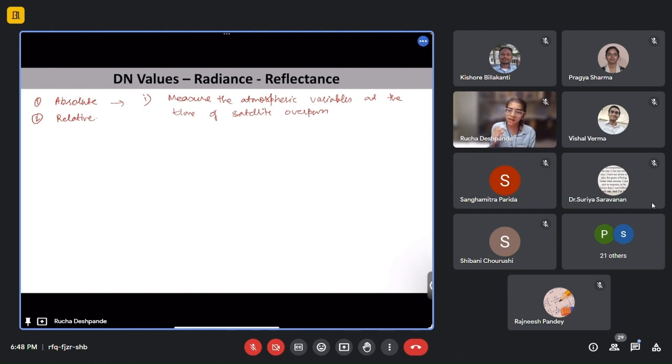These variables are measured when the satellite is passing over the particular study region, and then they are fed into radiative transfer models.